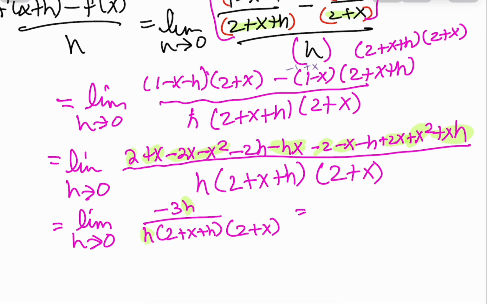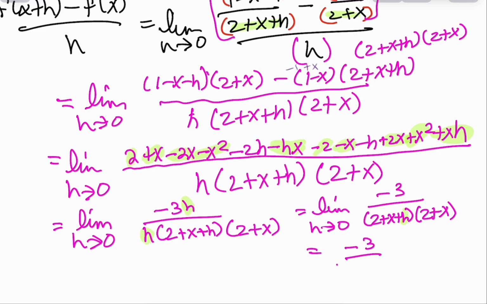So I get the limit as h approaches 0 of negative 3 over 2 plus x plus h and 2 plus x. Okay, now if we plug in 0, the only thing that becomes 0 is your h. So we end up with a derivative of negative 3 over 2 plus x times 2 plus x, which is negative 3 over 2 plus x squared.